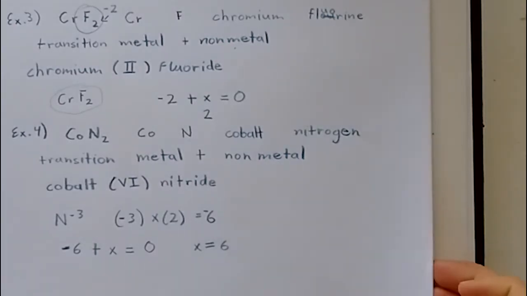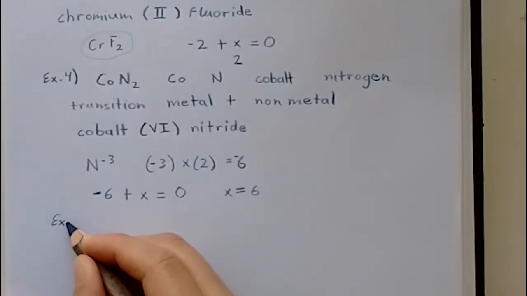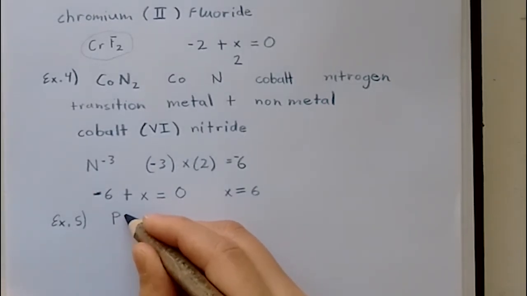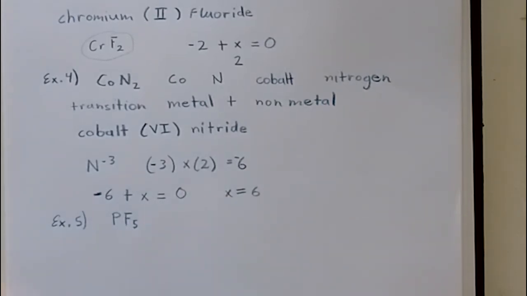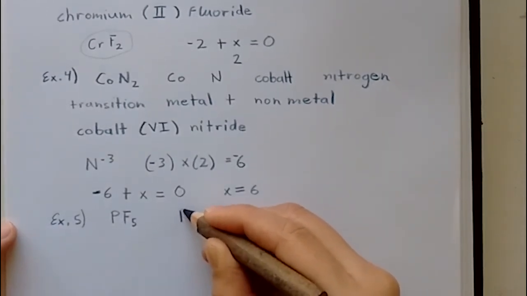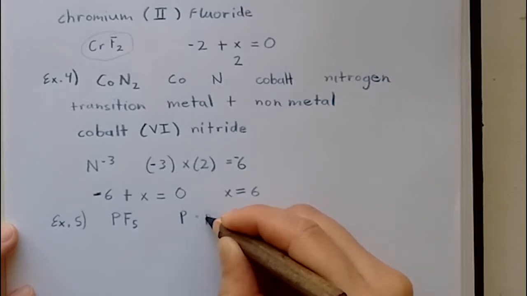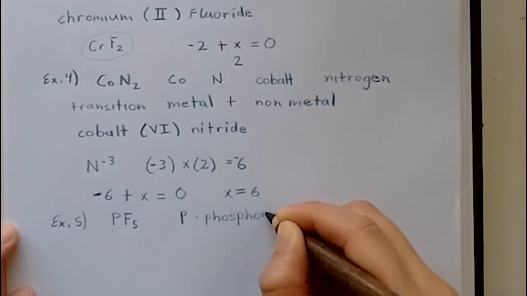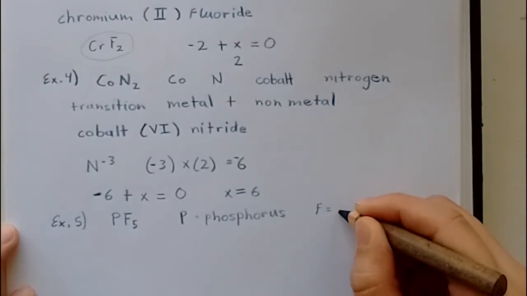Alright, so for the next example, we have PF5. So we know that P here is phosphorus, and F is fluorine.